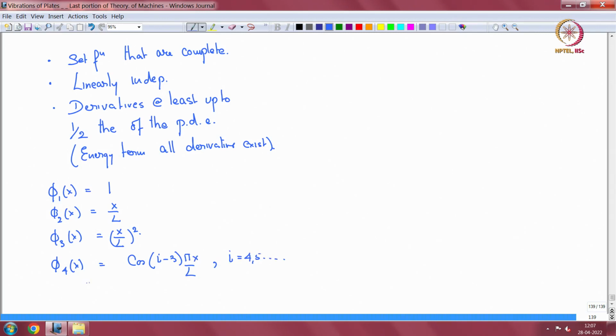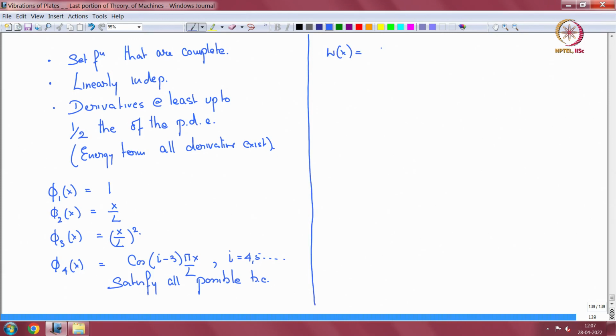Together they satisfy all possible boundary conditions for an unrestrained system. So, how does the displacement function look?